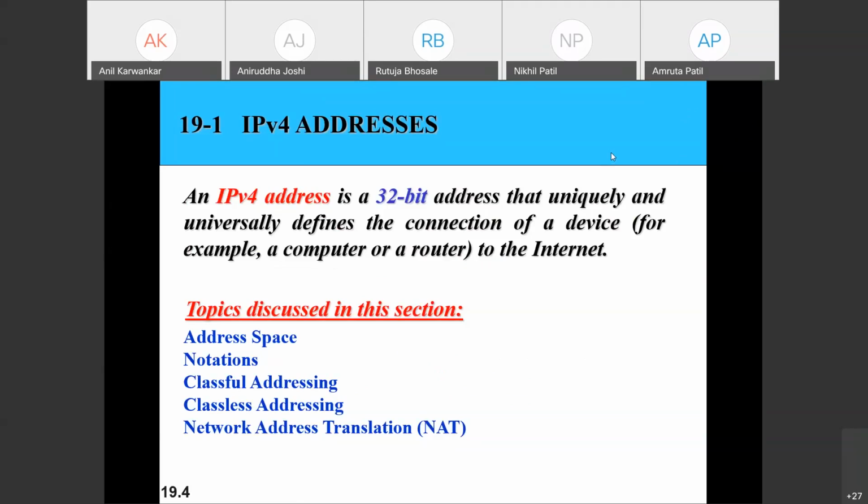This IP address, internet protocol address, we are directly coming to the TCP/IP configuration. The IP version 4 address is a 32-bit address. In case of physical address, we have seen the 48-bit MAC address. But this 32-bit address universally defines the connection of a device to the internet.